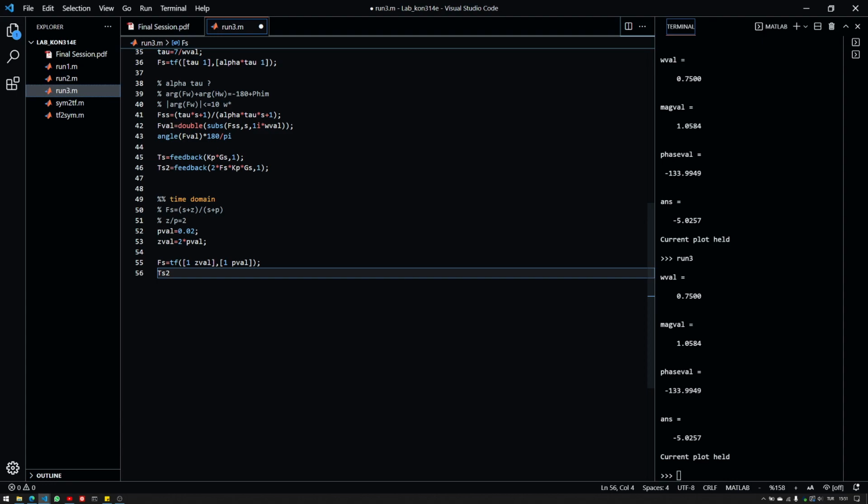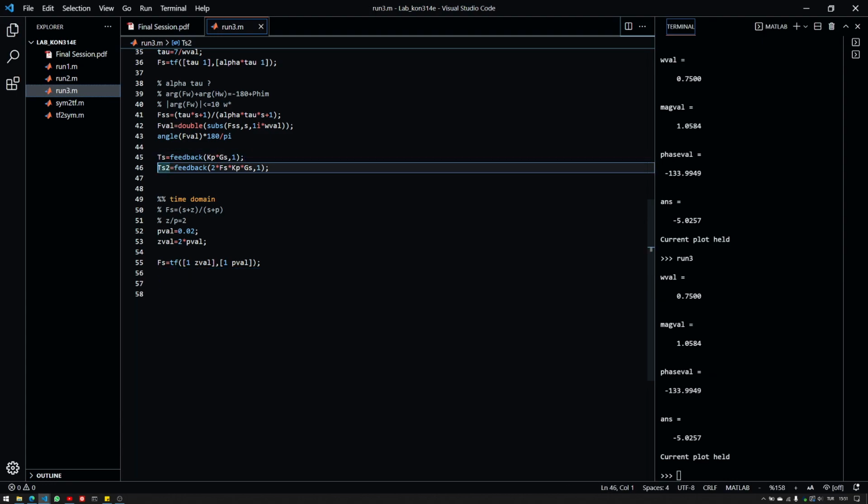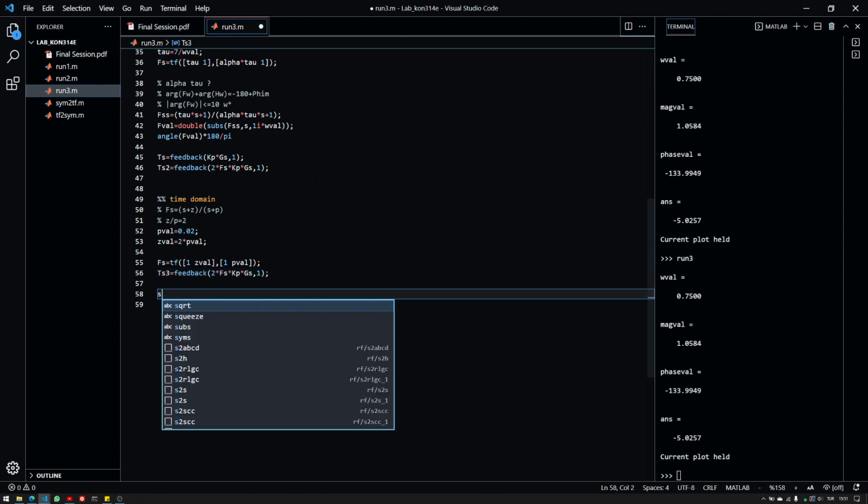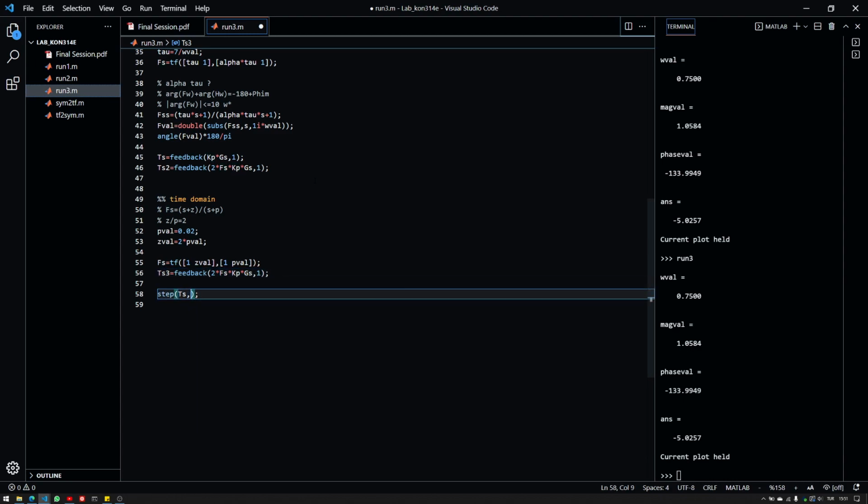So ts2 then would be, so I had this one here, let's make ts3, and yeah, this would be basically it. Let's have step ts comma k, ts2 comma, let's say red, and ts3 comma blue.